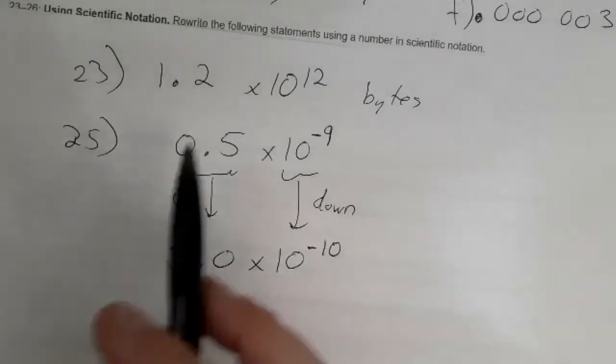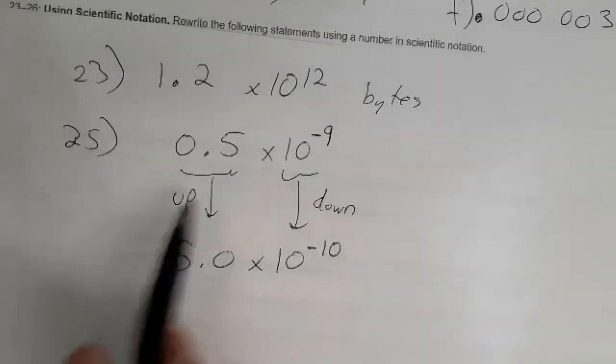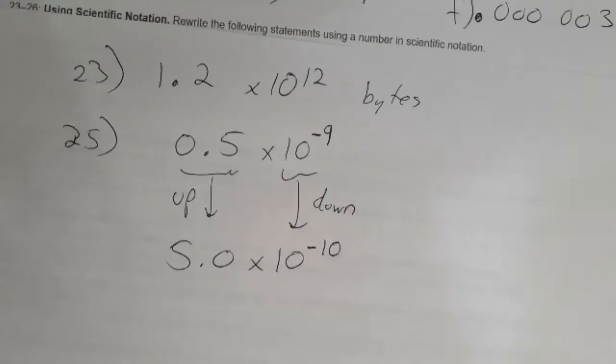This is the same number. If one of them goes up, the other one has to go down for it to stay the same. And so if I move this up and this gets larger, this one's got to get smaller.